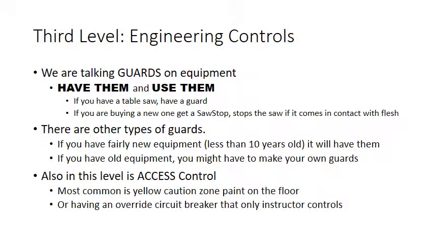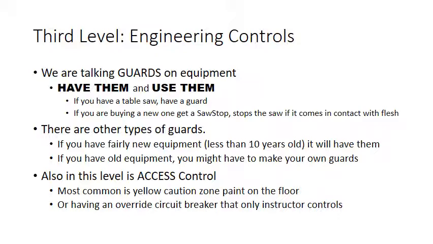Moving down the pyramid again, we're now talking about engineering controls. And this is mainly guards. You've got them, use them. And be sure that you show good practice and use them when you're using the machines. It's possible that during a demonstration you have to remove a guard just to show something, but when you're doing your own work or cutting something for another student or a teacher, make sure those guards are in place.